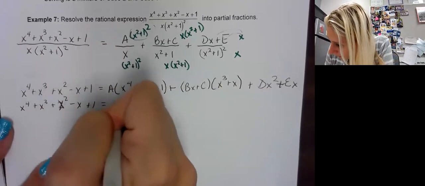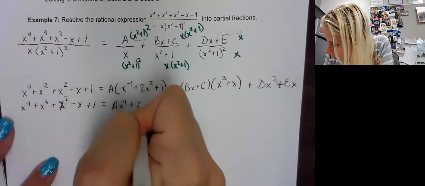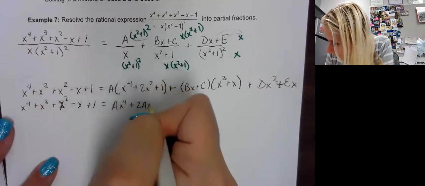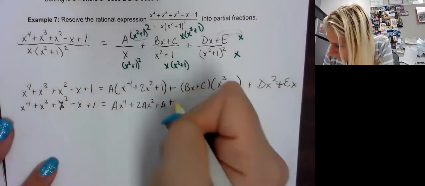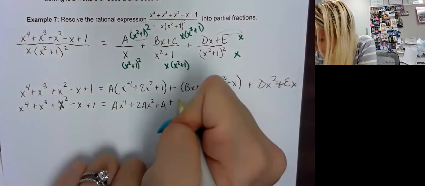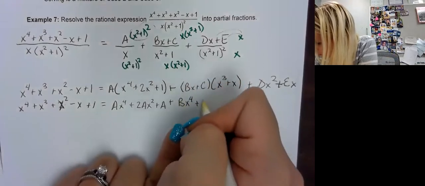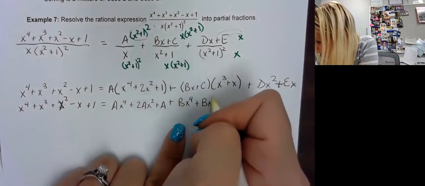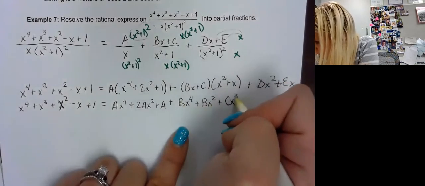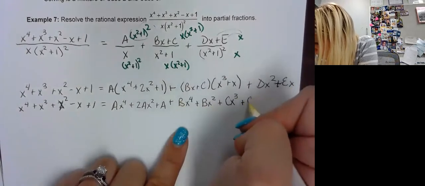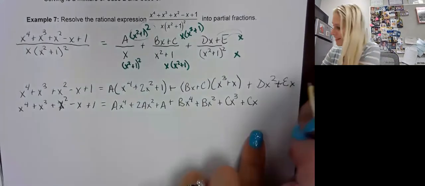We end up with a x to the 4th plus 2a x squared plus a plus, I'm going to FOIL, so we get b x to the 4th plus b x squared plus cx cubed plus cx, running out of room. Okay.